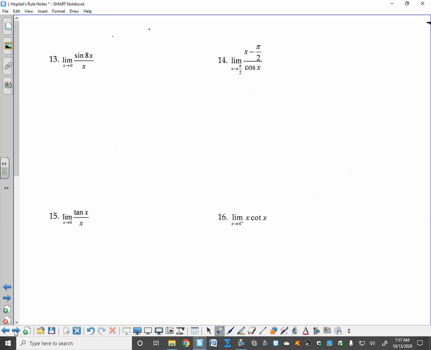L'Hopital's rule says that limit becomes the limit as x approaches 0 of cosine of 8x times 8 over 1. Cosine of 8 times 0, cosine of 0 is 1. 1 times 8 is 8.